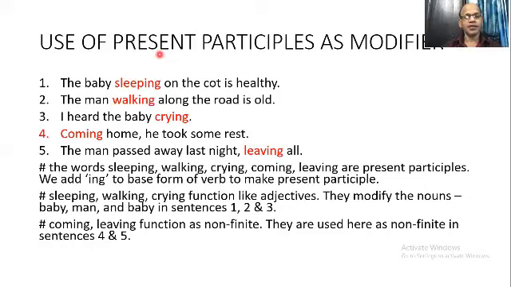Coming, leaving function as non-finite. They are used here as non-finite in sentence 4 and 5. Okay, dear student, have you got the point? So these present participles, verb plus ing, can also be used as modifier in sentences.